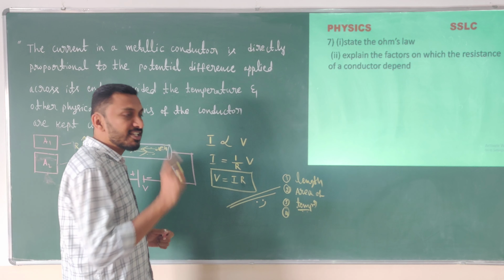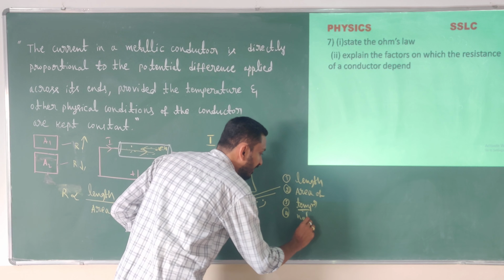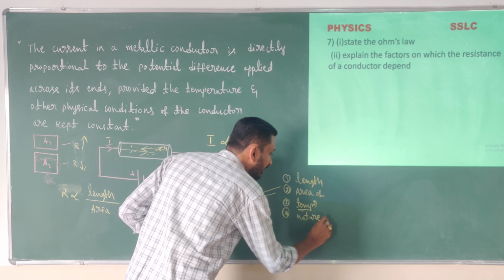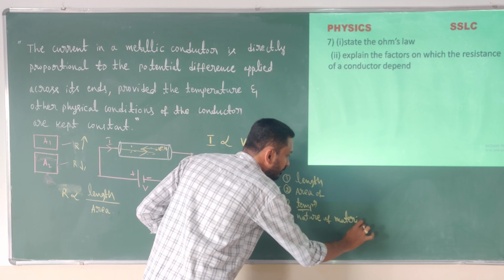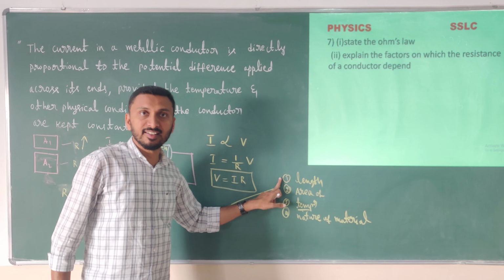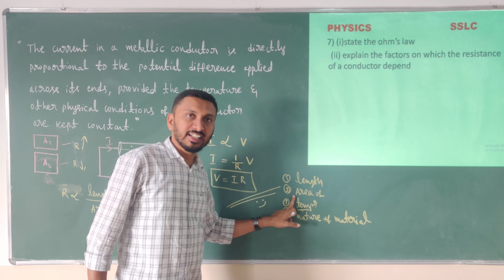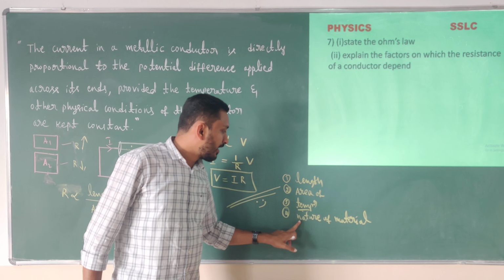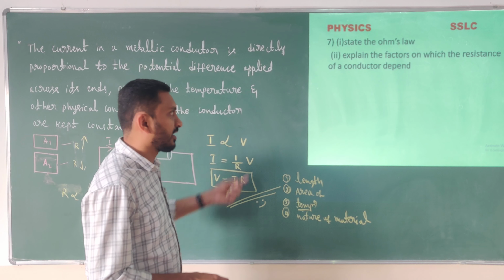The last one is that it depends on the nature of the material. So these are the four factors on which the resistance depends: length of the conductor, area of the conductor, temperature, and nature of the metal of the conductor.